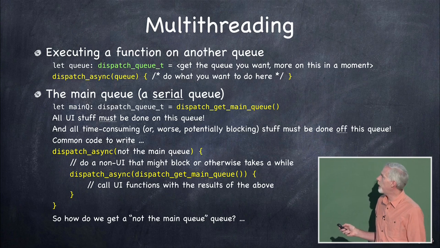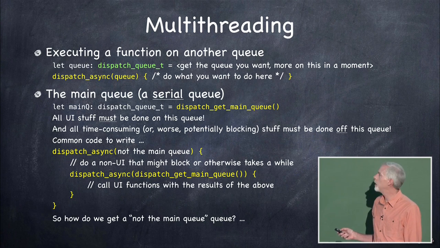Now you still dispatch to that queue using dispatch async. Look at the bottom, it says dispatch async, not the main queue in here, and I'll talk about where you get that queue in a second. And then open curly brace, so this is a closure. Inside that closure, you do the non-UI thing that takes a long time or blocks.